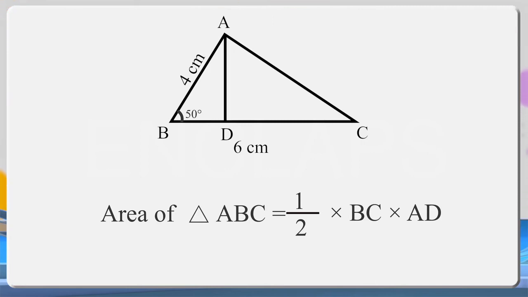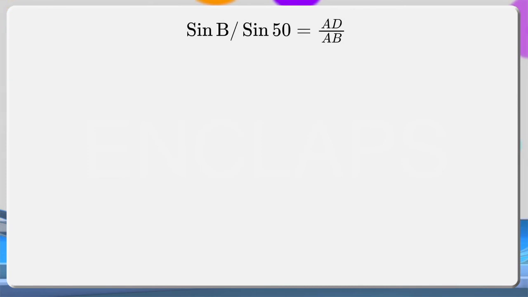Consider the right triangle ABD. Angle B equals 50 degrees and AB equals 4 centimeters. We have to find the opposite side of angle B and we know the hypotenuse. Then which function could be used? Yes, sine function. So sin B or sin 50 is equal to AD by AB. We need to find AD.